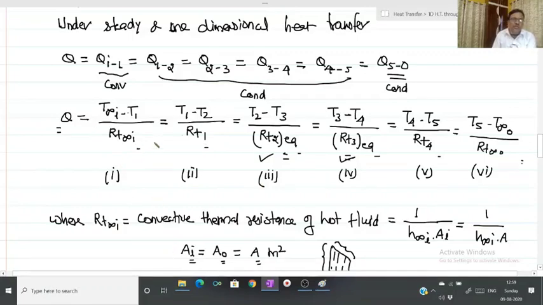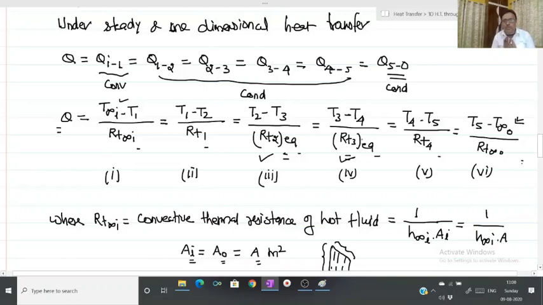So I can use either of these equations to calculate Q. But what is the problem with these equations? Only T infinity I and T infinity O are known to me. So I cannot use either of the equations from 1 to 6 to calculate Q.